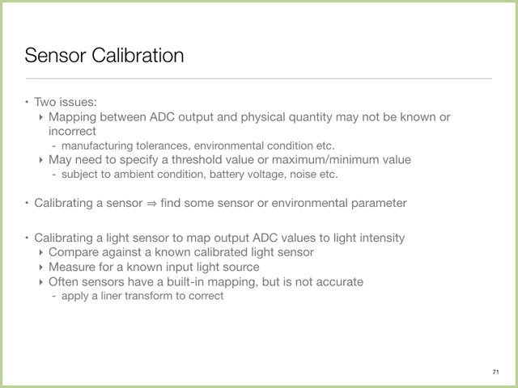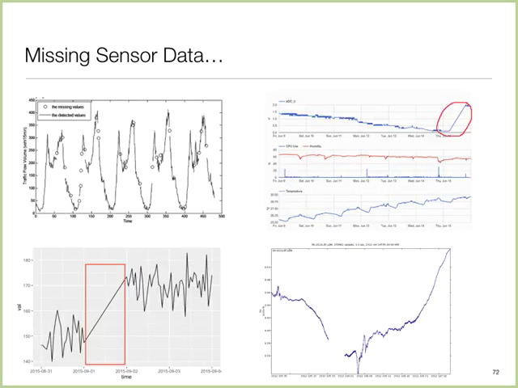So sensor calibration, or lack of it, can have privacy and security implications. A third issue you face is that in the real world, all sorts of other things go bad.